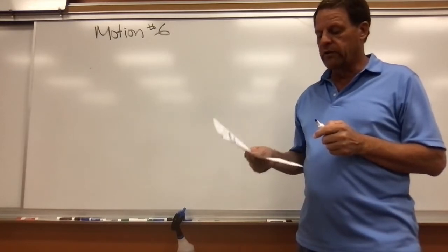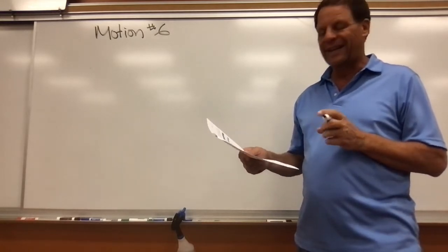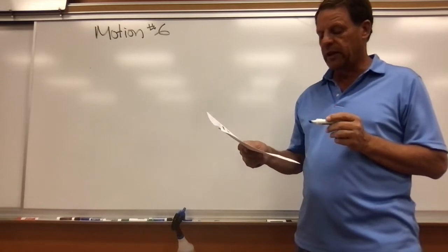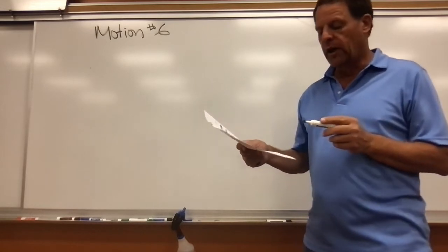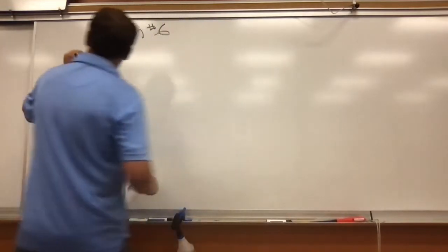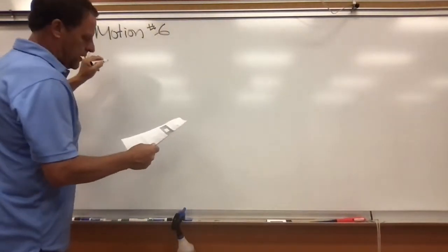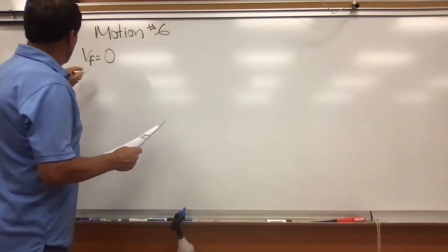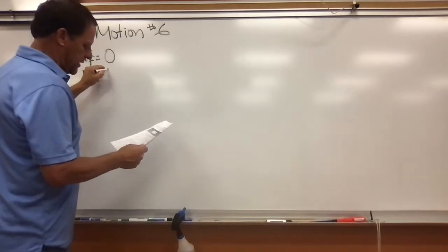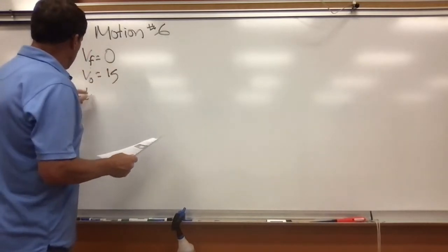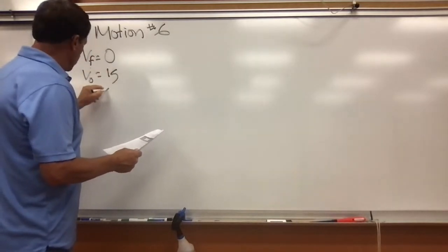So now number one, it says a car traveling at 15 meters per second decelerates steadily, comes to a stop in 5 seconds. So our final velocity is 0. Our initial velocity is 15. Our time is equal to 5.